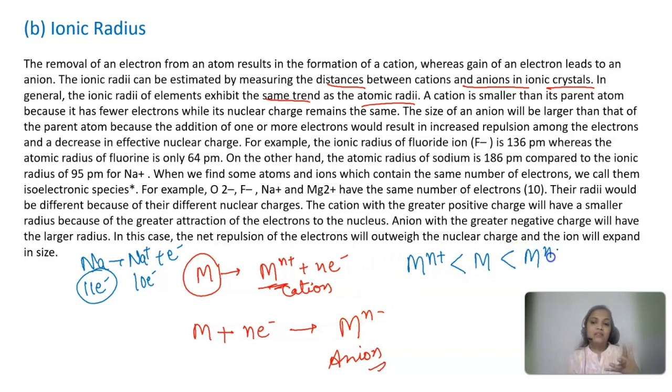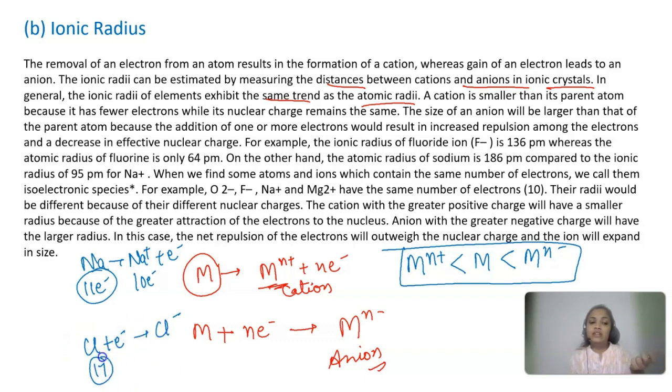And the same thing happens with the anion. The size of the anion will be more than the metal atom. Why? Let's say I talk about chlorine. Chlorine will take an electron and become chloride. Chlorine was having 17 electrons, now it has 18 electrons. Addition of one or more electrons results in increased repulsion because the electrons are getting added to the same shell, so there is more repulsion and the nucleus has to hold on to more electrons.